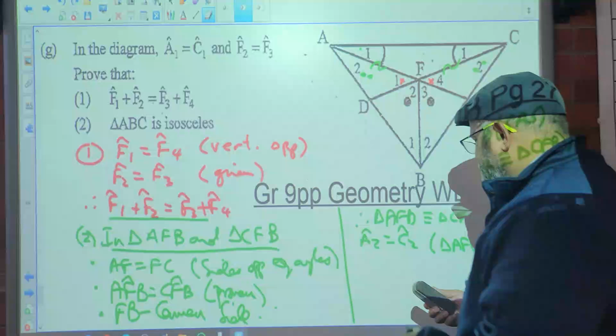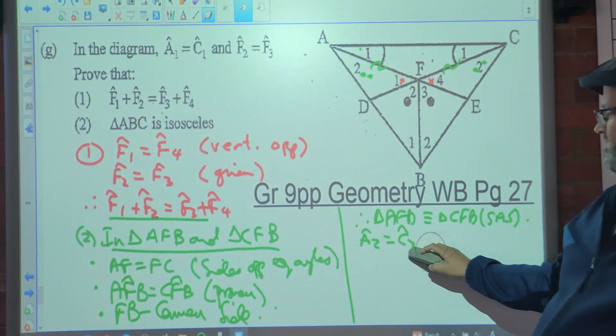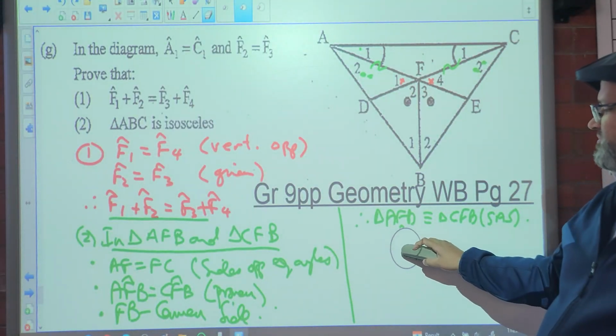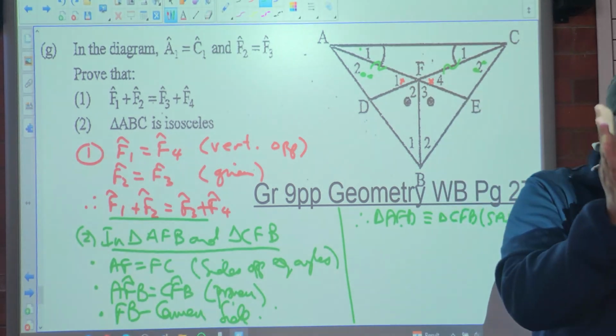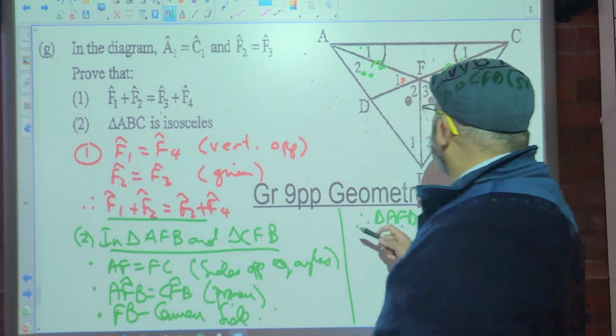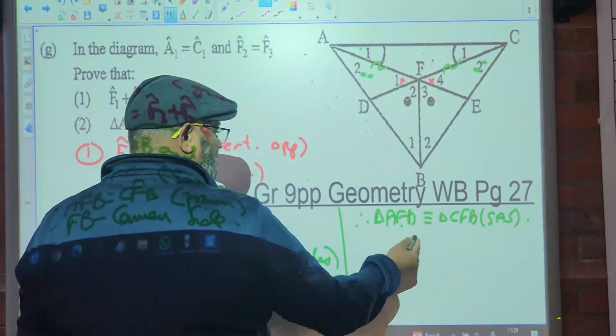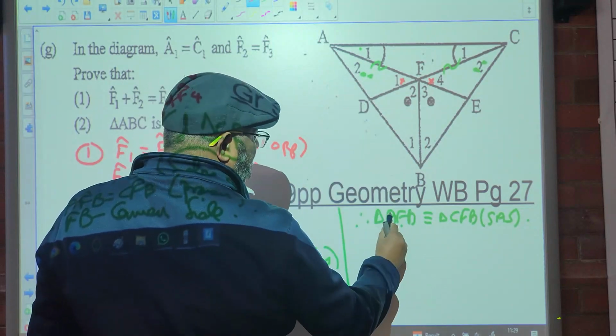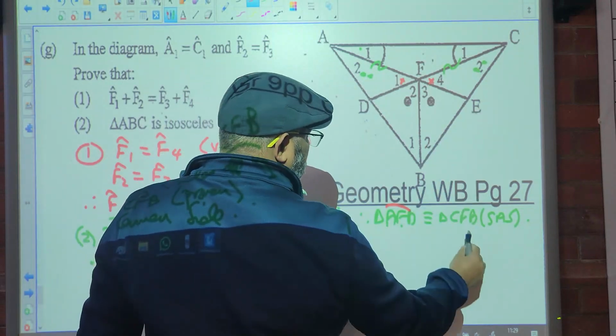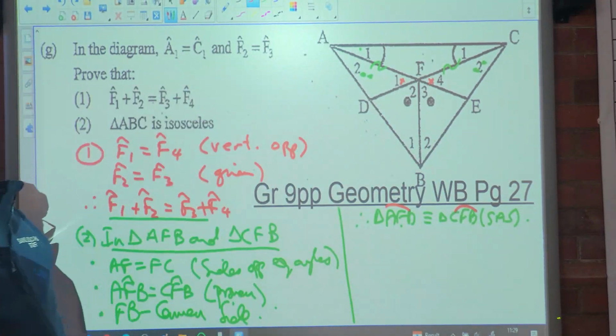But I can do it in less steps than that. To prove something is isosceles, it's either you prove that the base angles are equal or you prove two sides are equal. But we know now from this fact here that AB is equal to CB. Can you see that?